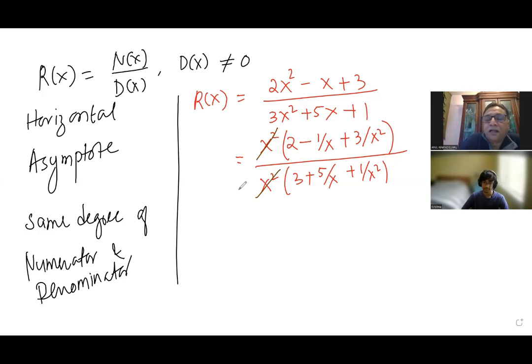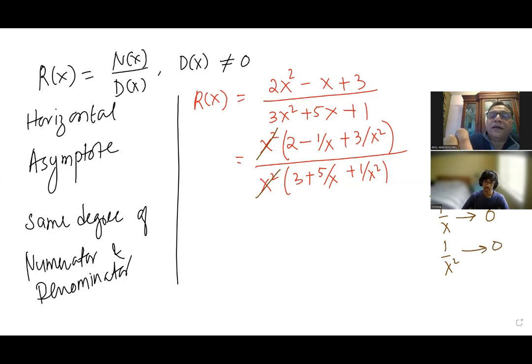Perfect. Now, if you look at the case that x is approaching positive or negative infinity, that is, a very large value, in that case, what will happen to 1 over x? It will approach 0, right? And definitely 1 over x squared will also approach 0.